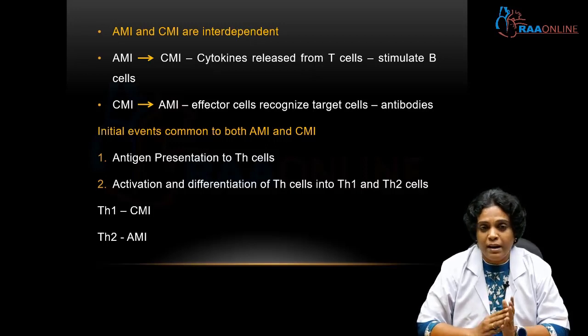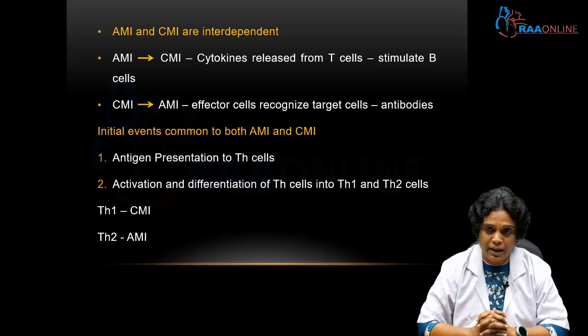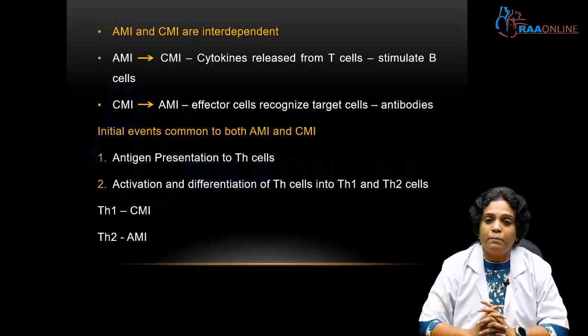And the cell-mediated immune response is helped by the antibody-mediated immune response through the antibodies. These antibodies help the effector cells, especially the natural killer cells, to recognize the target cells. Target cells are those cells which harbor the intracellular antigens.